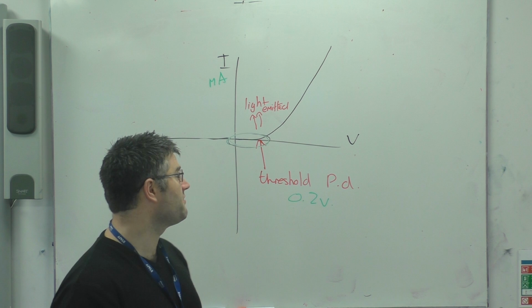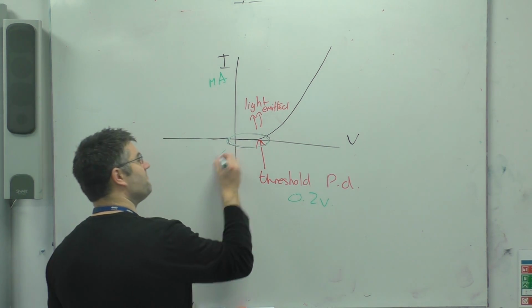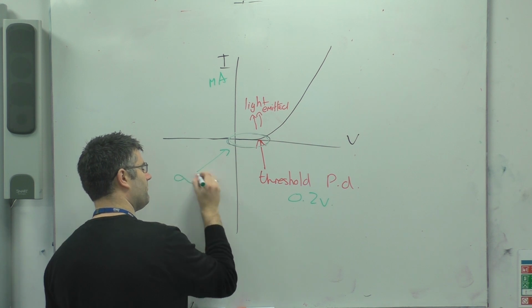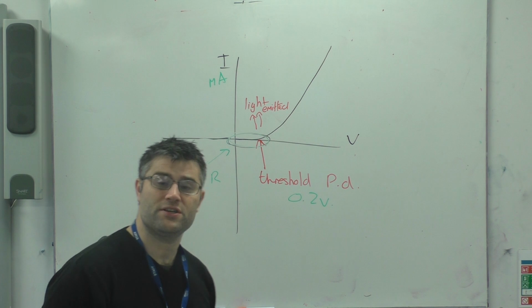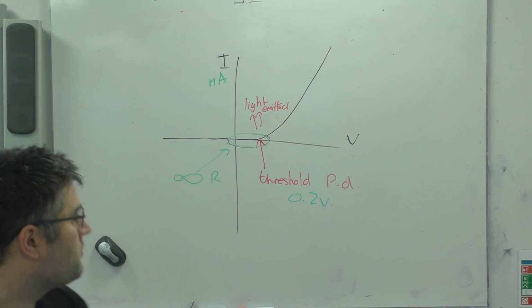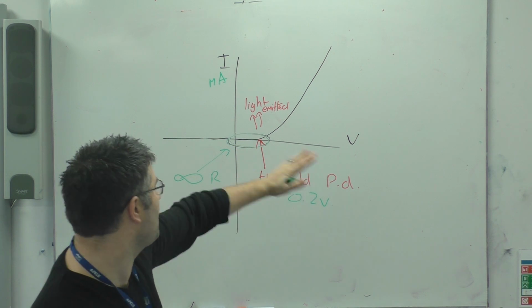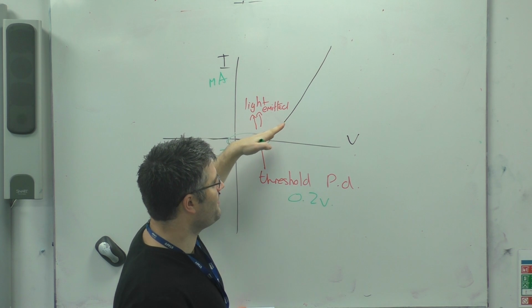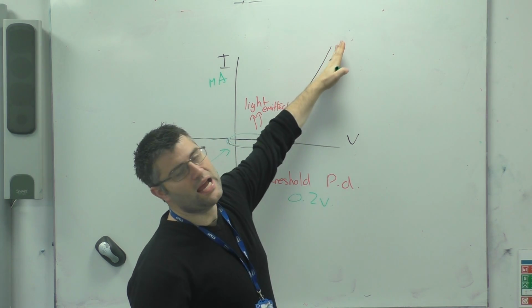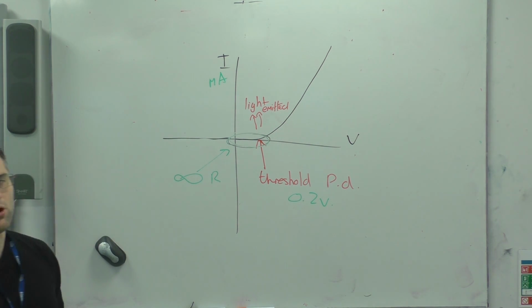Well, what is the maximum possible resistance? Yeah, infinity. So that's infinite resistance. Up to the threshold PD, you have infinite resistance. When we pass the threshold potential difference, we then start to decrease, and slowly but surely, we eventually taper off.